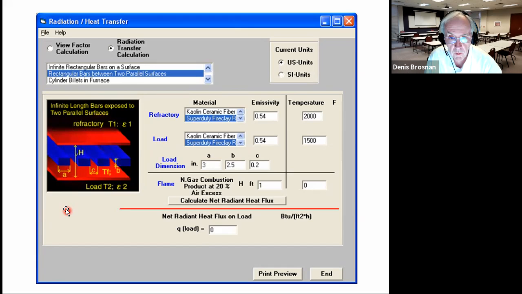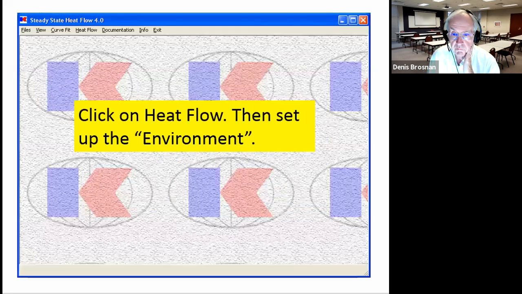So there are certain geometries here that you can select, and you can come up with radiation heat transfer factors. But it turns out that we're going to let the furnace utility, the calculation utility, do it for us.